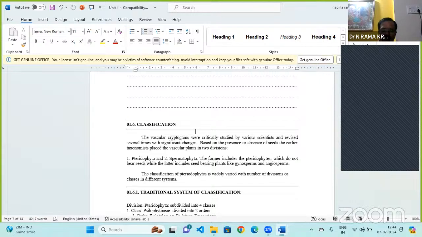Next point: the sporophyte is the dominant generation. It becomes independent. Here the sporophyte is an independent plant, but the gametophyte is a short-living plant. The gametophyte is very small in size.